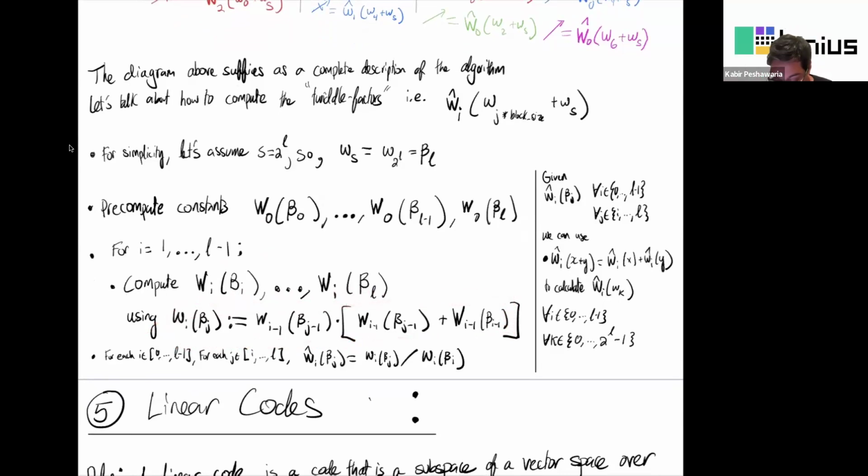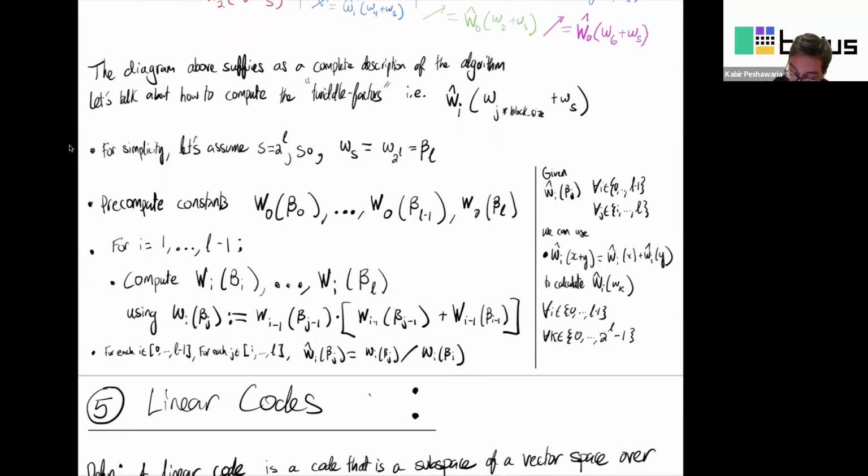Once you've computed all the non-normalized subspace polynomials, you can just normalize them. You'll notice we never bothered to compute something like W4 of beta 2. There's no point, because W4 of beta 2 is just going to be 0.